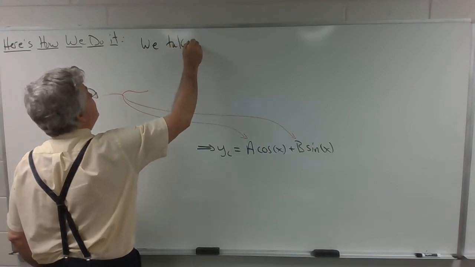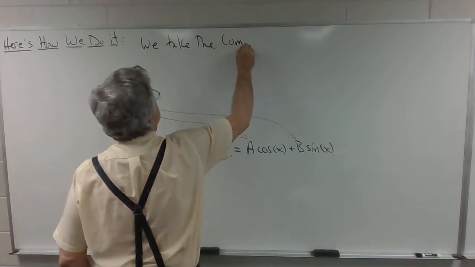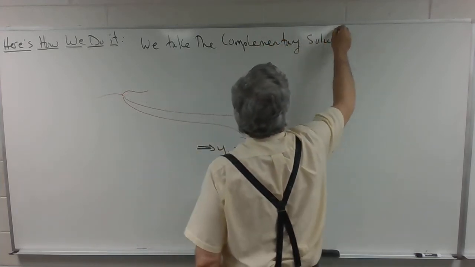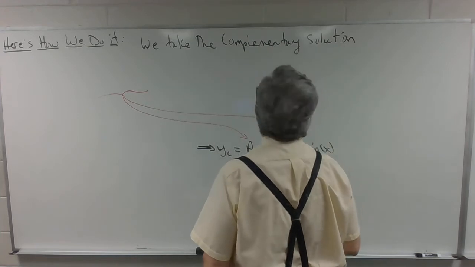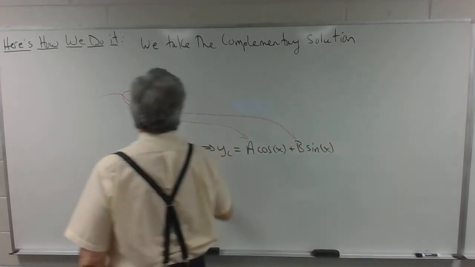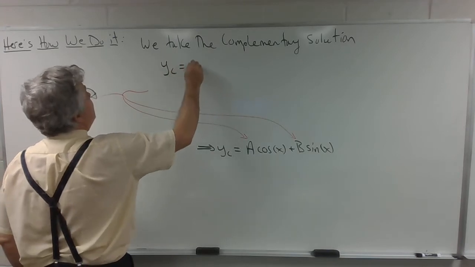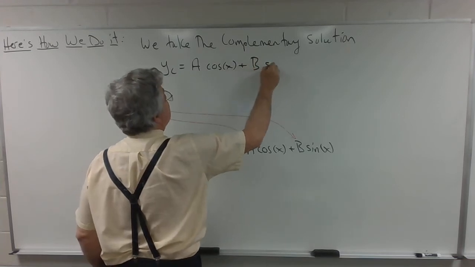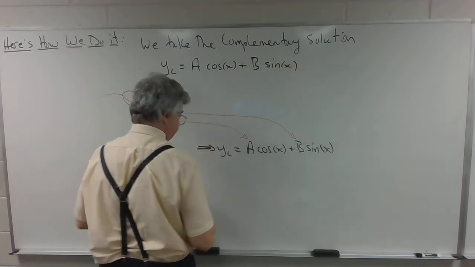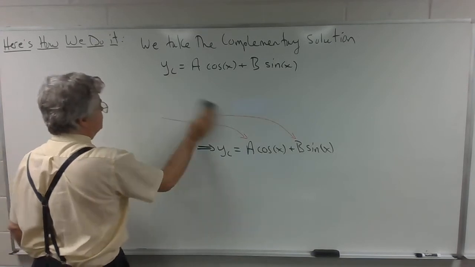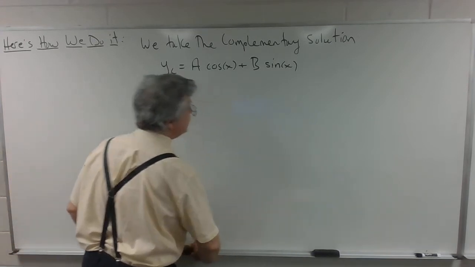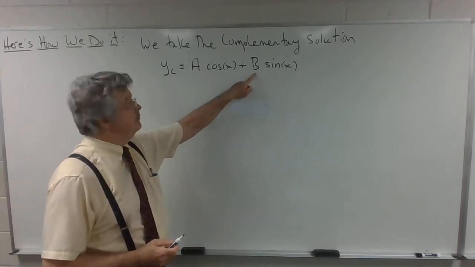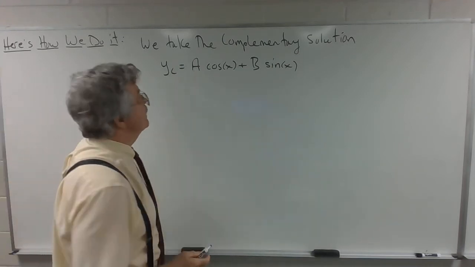We take the complementary solution, which is a cosine of x plus b sine of x, and transform these parameters into functions of x.